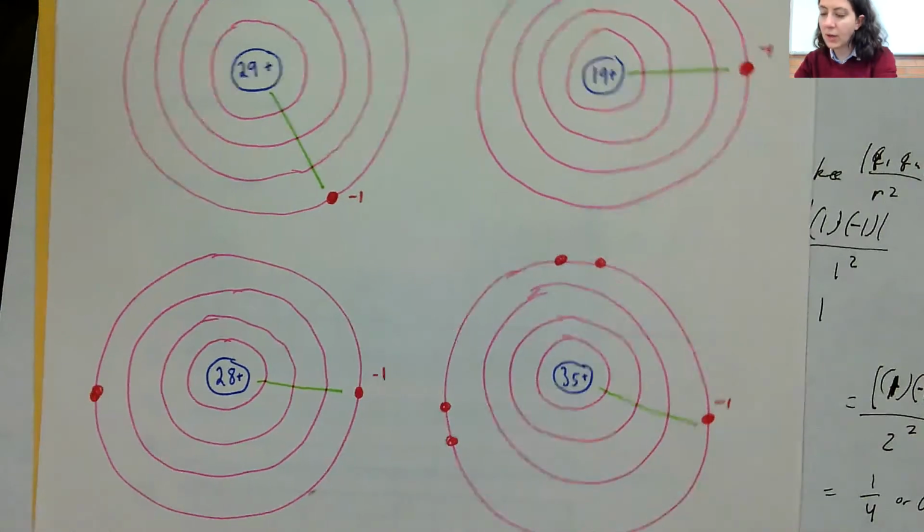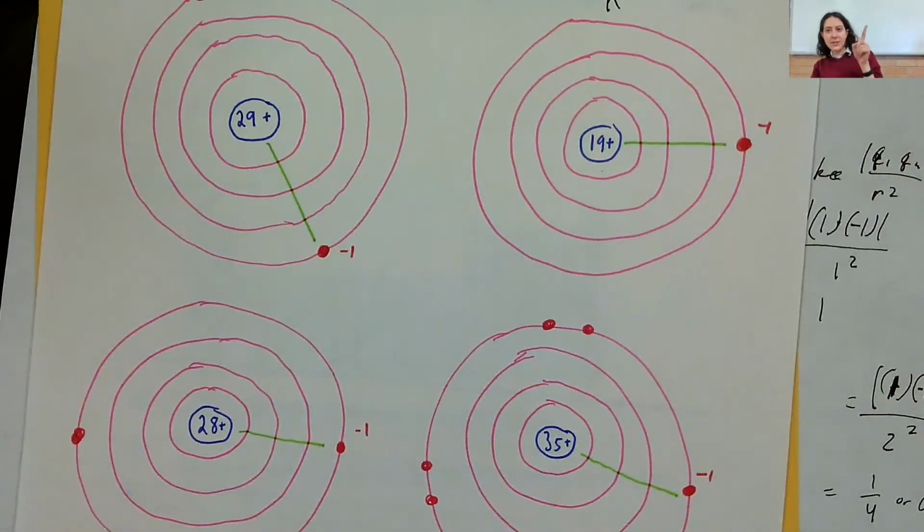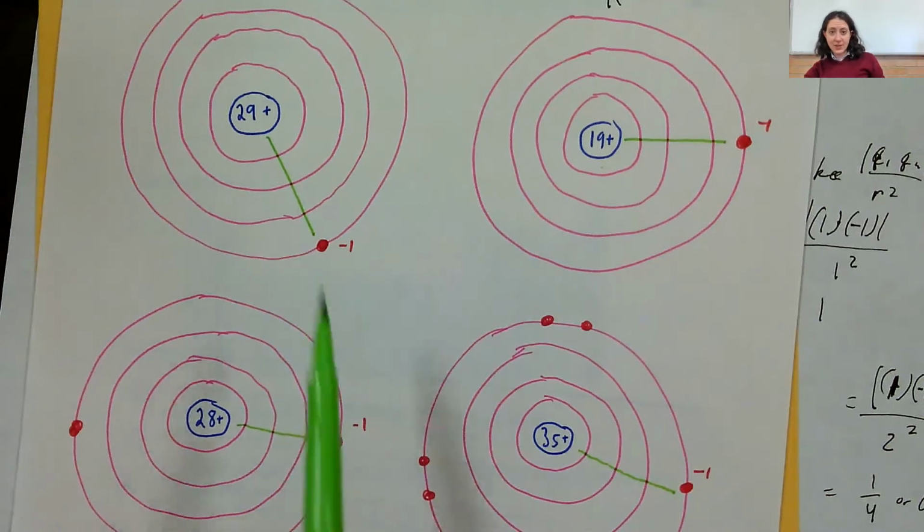According to Coulomb's law, there are two factors involved: distance and charge. Because these electrons are all on the fourth shell, the distance should be pretty much the same. However, the charges are not. All of the electrons have the same charge, they're all -1, but the nucleus is not.